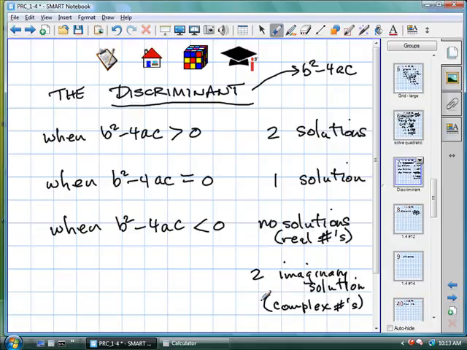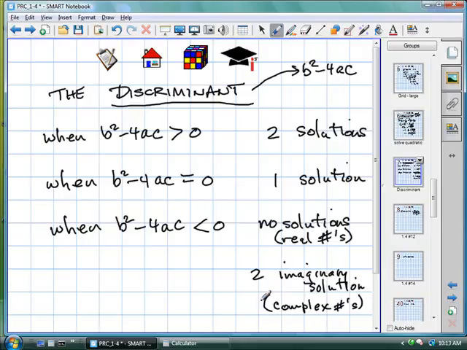It is called the discriminant. The reason is because it allows you to discriminate between, that is, to tell the difference between how many solutions and what type. If you just look at b squared minus 4ac, you can already tell how many and what type. And that's why it's called a discriminant.